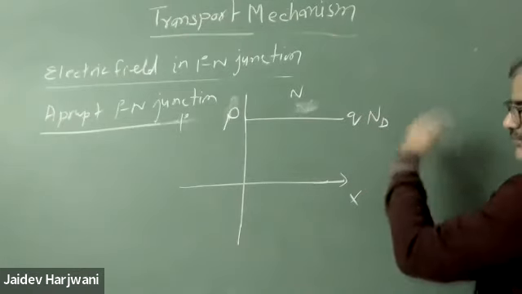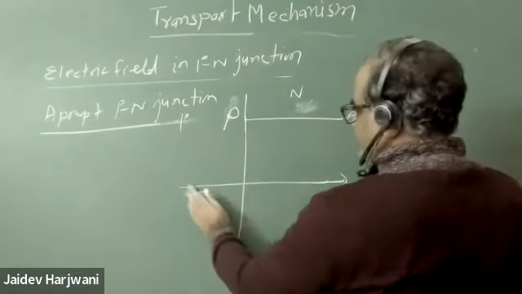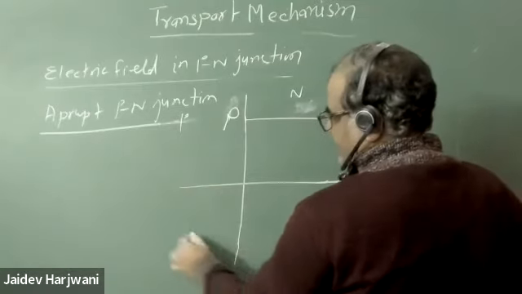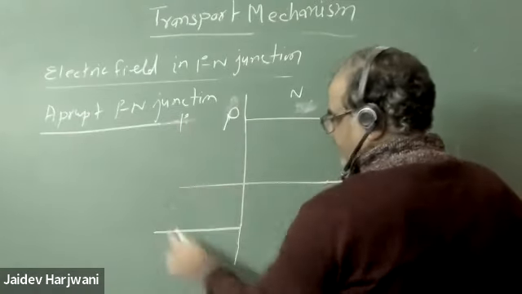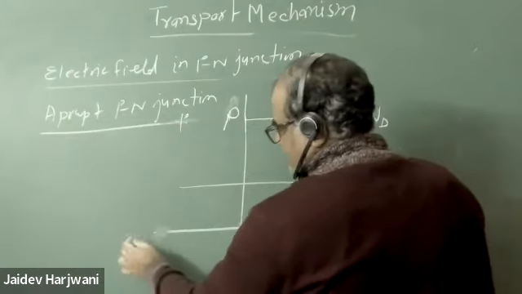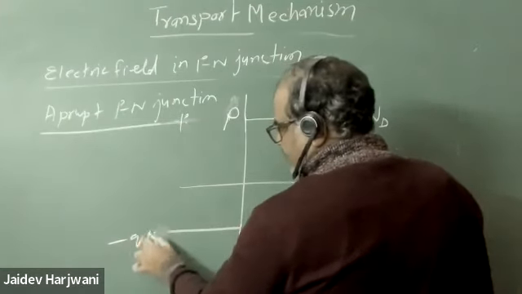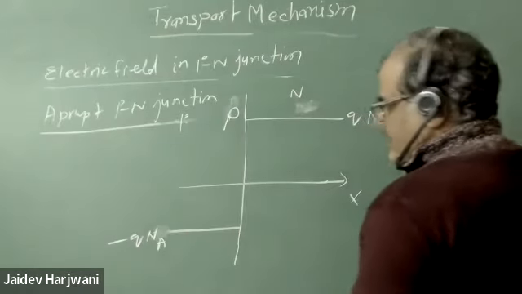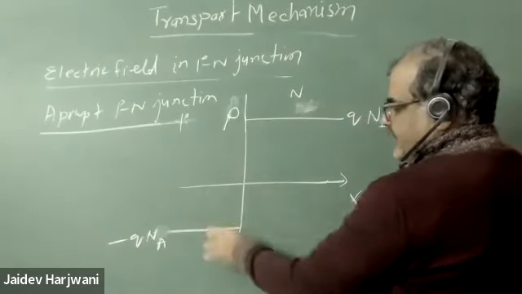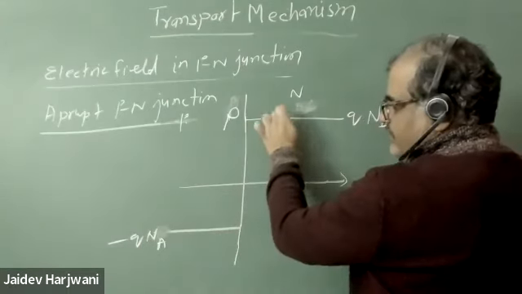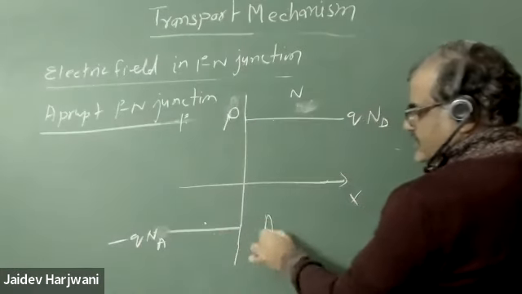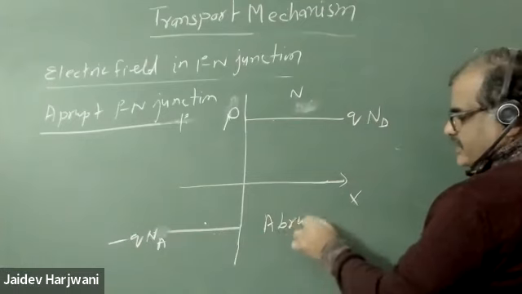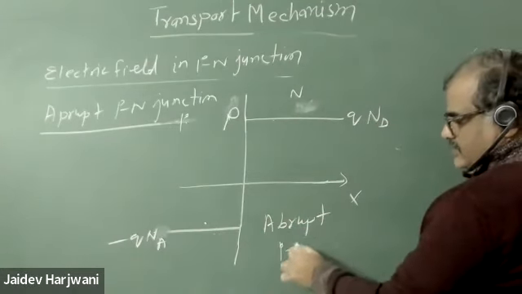If you multiply by volume, it becomes your charge. Similarly, on the p side you have minus charge, and the charge density is q Na. So you have a sudden jump of charge density from positive to negative. That's why this is called your abrupt p-n junction.